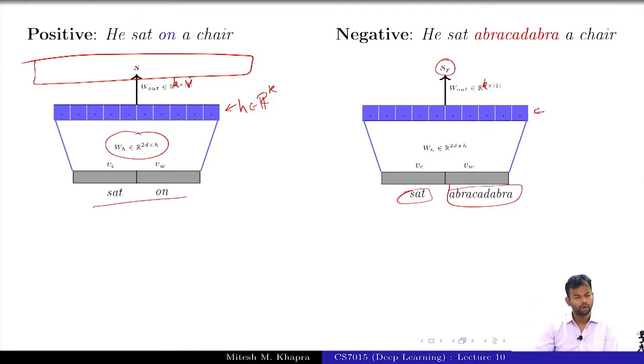But now how do I set up my loss function? Earlier I could set up the loss function as maximizing the log likelihood of the correct word, but now we are just predicting two scores. So what is the loss function? What should I try to intuitively do? Today we are going to see a new loss function which we have not seen earlier. So try to think about this. Forget about the math, forget about the machine learning and all that.